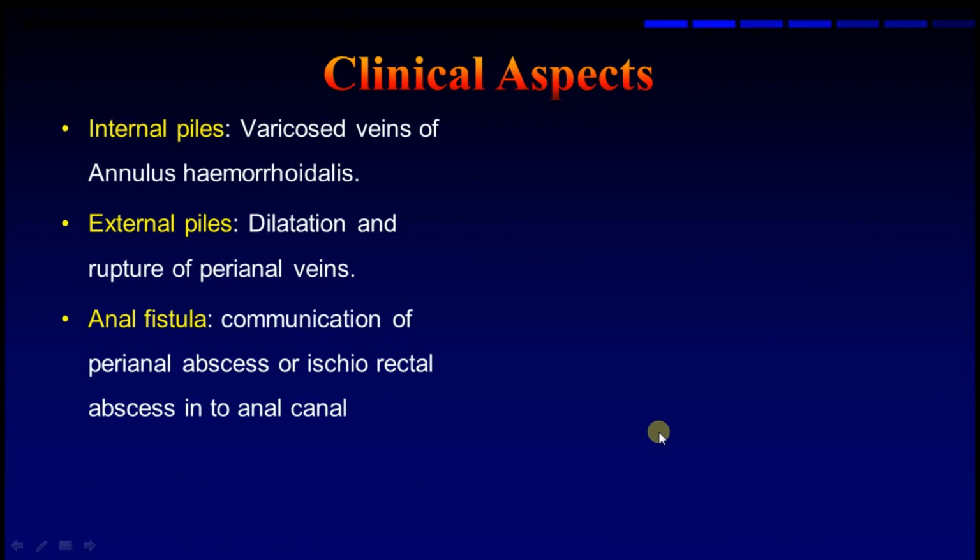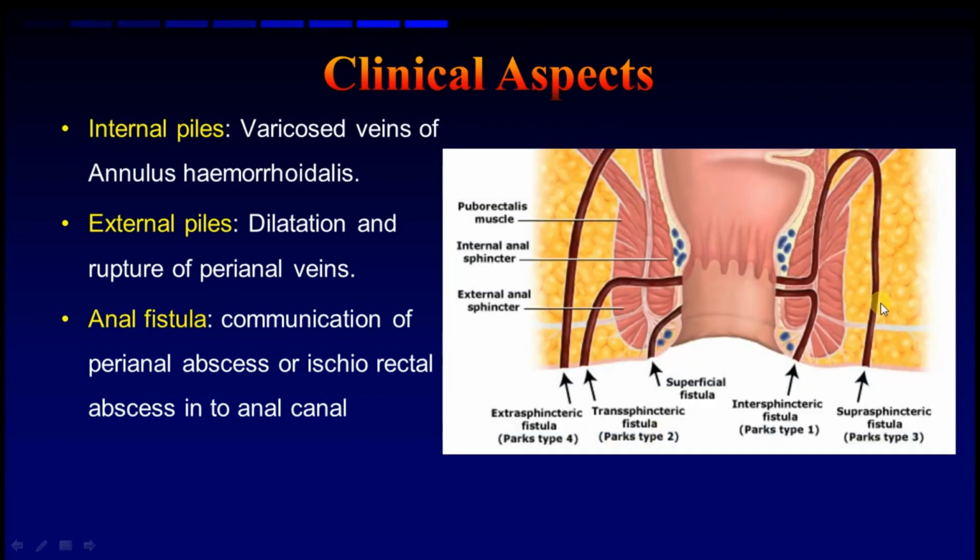Anal fistula. Mainly it starts from infected tubular anal glands. From there it might form an ischiorectal abscess and it might open into the anal canal.